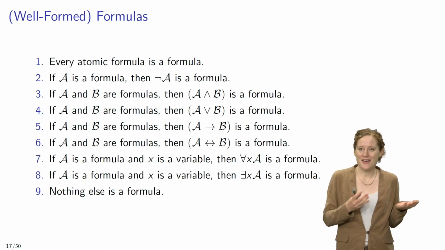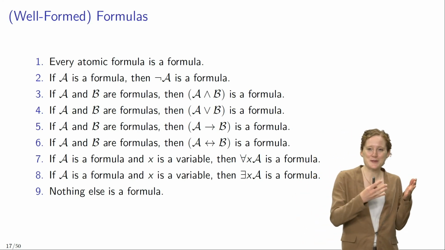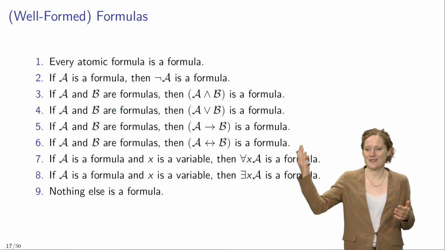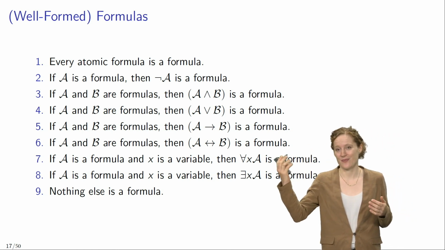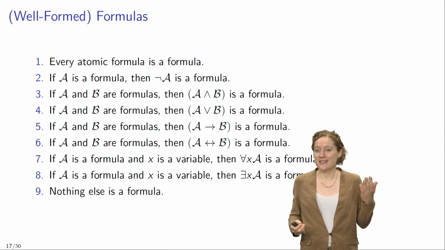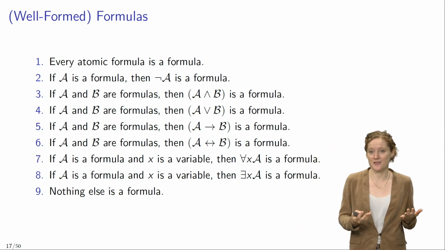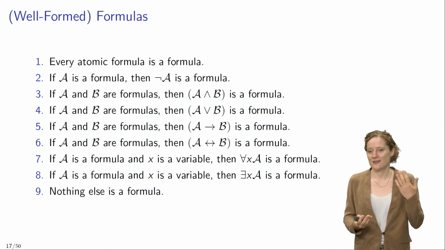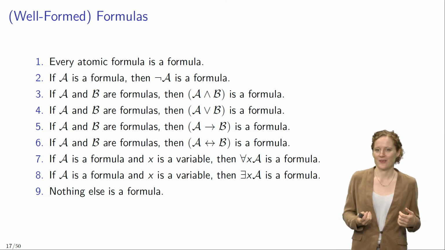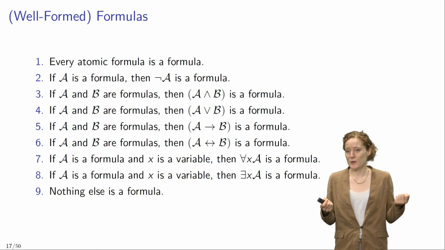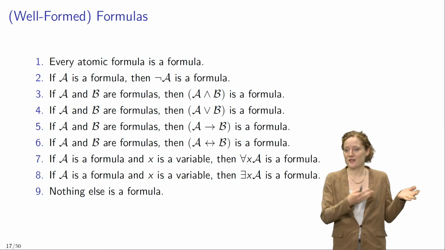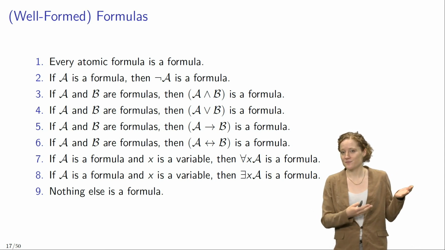Now, as you may have expected, we can use atomic formulas to construct more complex formulas. And here you see the inductive definition of a formula that tells you how you can construct complex formulas using atomic formulas. In line 1, we have our base case. Every atomic formula is a formula.